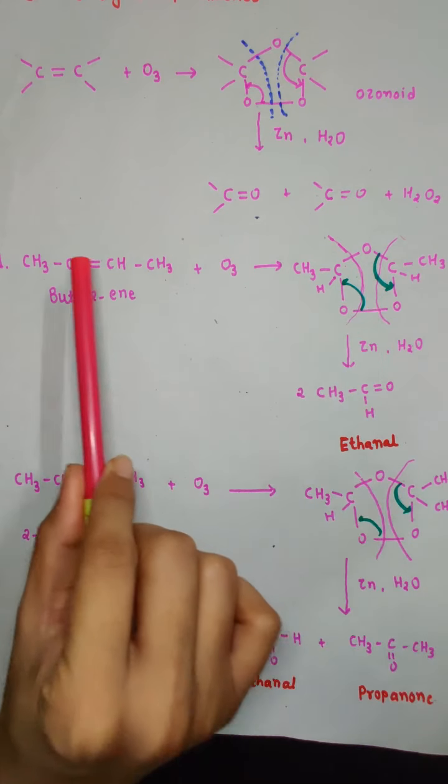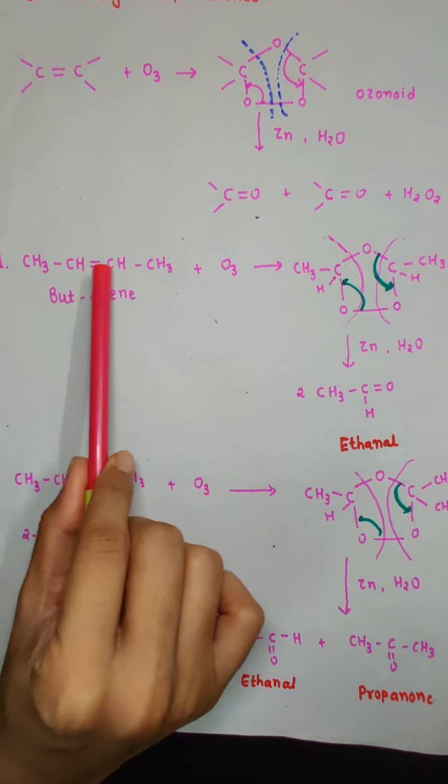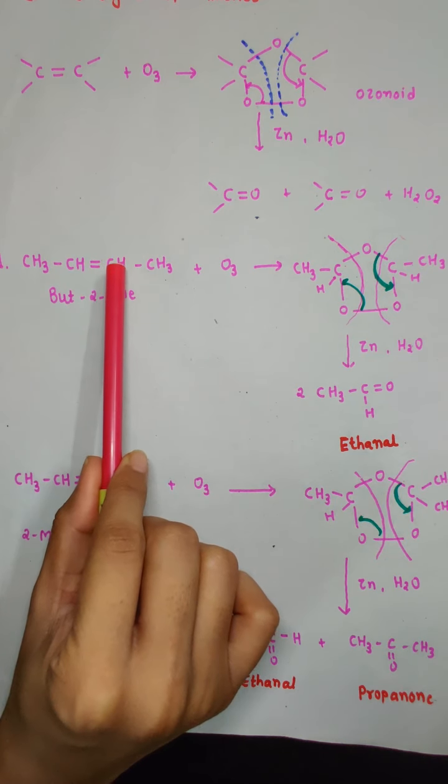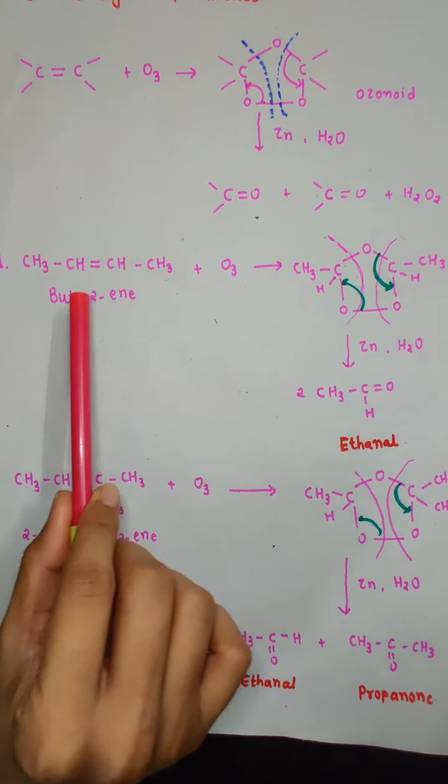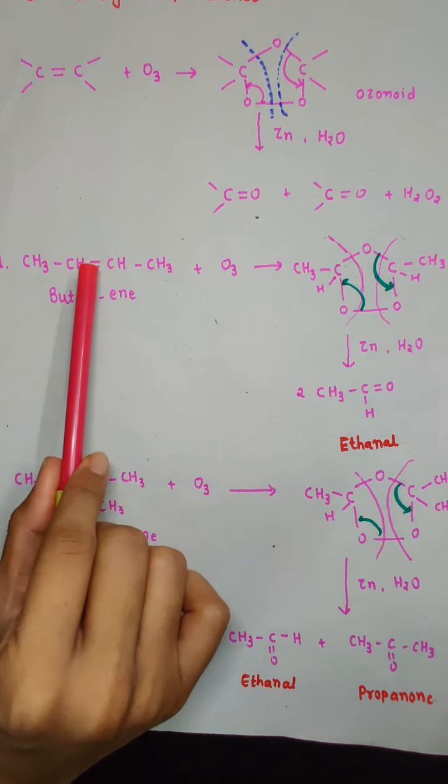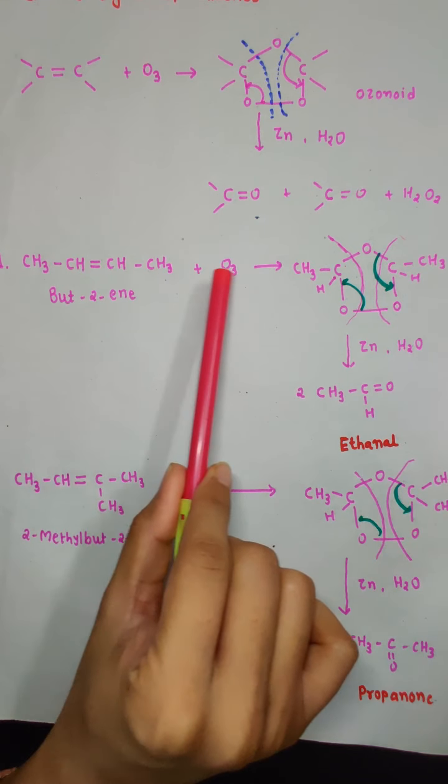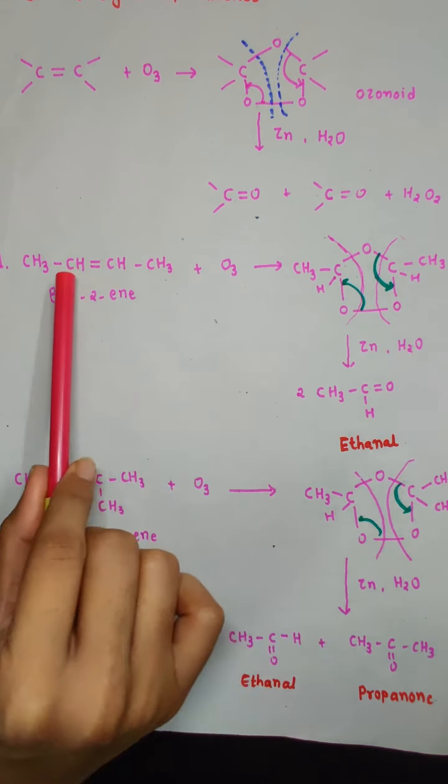What you are supposed to do is break both the bonds between these two carbon atoms. Now once you break both the bonds you are supposed to add O3 atoms. कैसे? सबसे पहले तो you will add one oxygen atom at the top and two oxygen atoms at the bottom. So you will make this ozonoid structure.